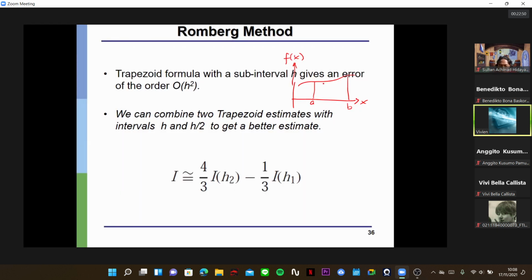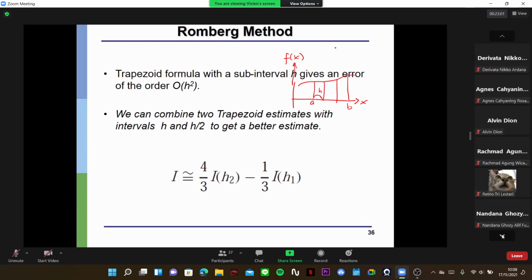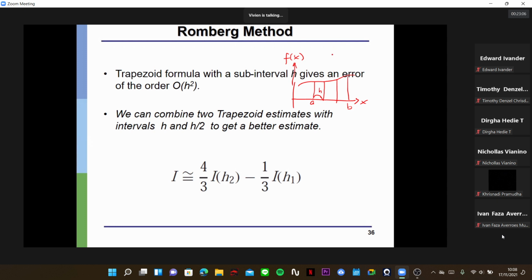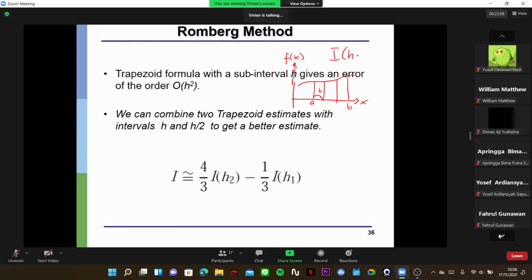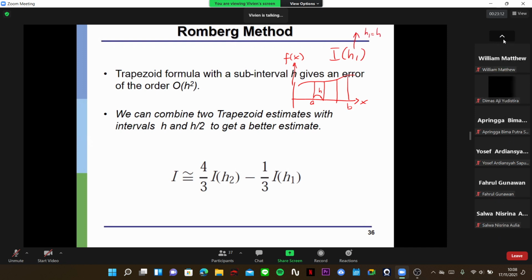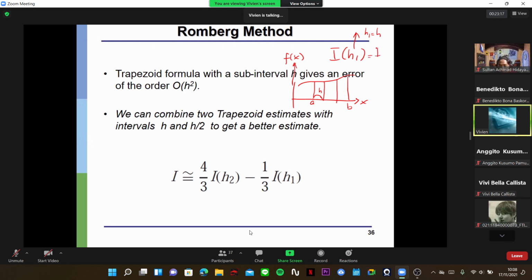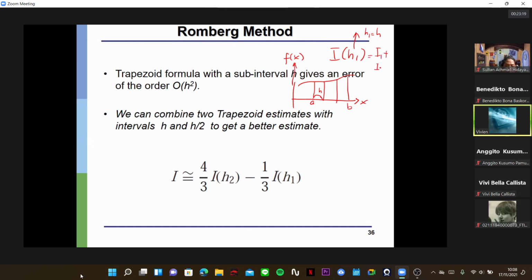For example, say we use 3 segments like this one, in which the interval length for each segment is h. With this we have the calculation of I, which is called I h1, where h1 is equal to h. So the total will be I1 plus I2 plus I3.